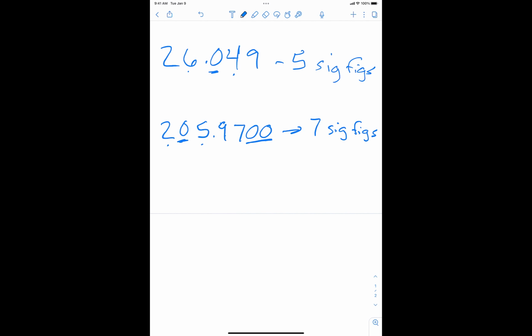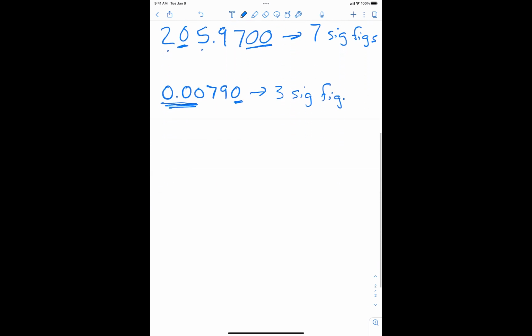Let's see. If we have 0.00790, all of these zeros right here precede non-zero digits, and so really those are just placeholders, and so we can say those are not significant. However, this 0 right here is trailing after the decimal point, and so we would say that that is significant, and so this has 3 significant figures.